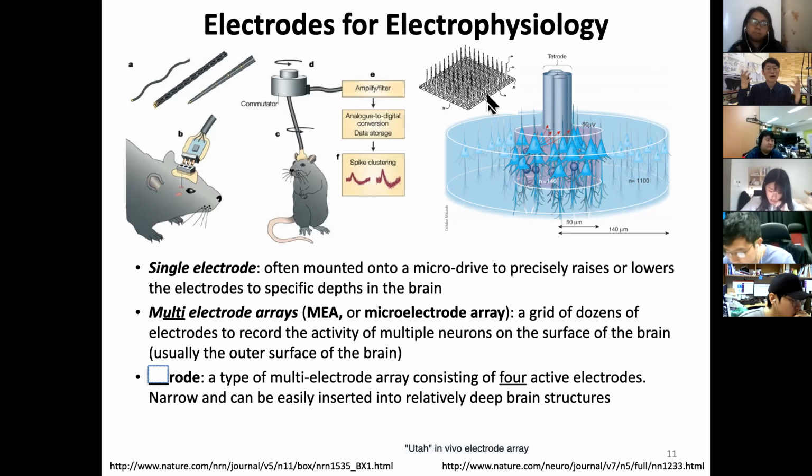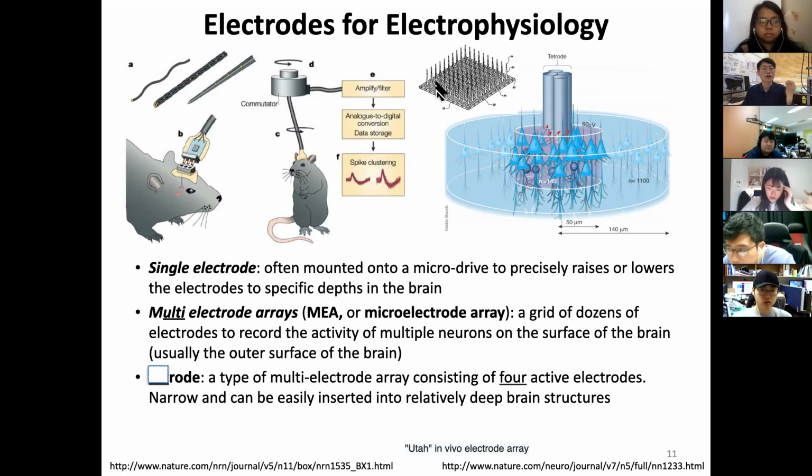But I'm showing in vivo, but in fact, MEA has an in vitro version that is probably more popular. In that version, you do not have these pins, but you can grow neurons in culture, and multiple neurons can be measured by using this MEA as a substrate. Okay, just to give you an idea of that.